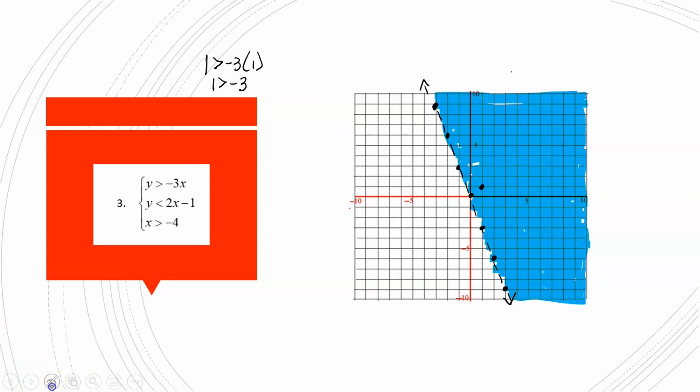Get my pen back here. So I'm going to start at -1, and my slope is 2. So I have 1, 2, 1, 1, 2, 1. That's also dashed.